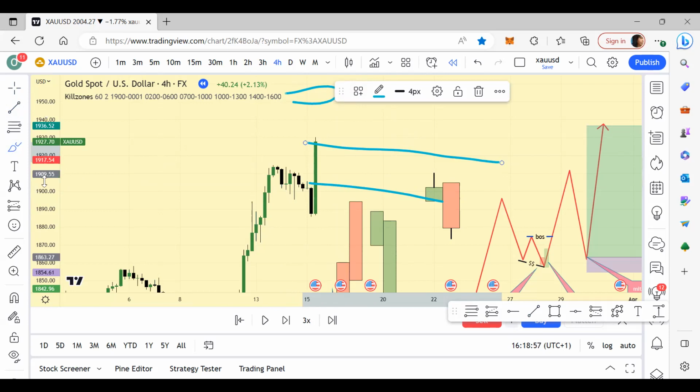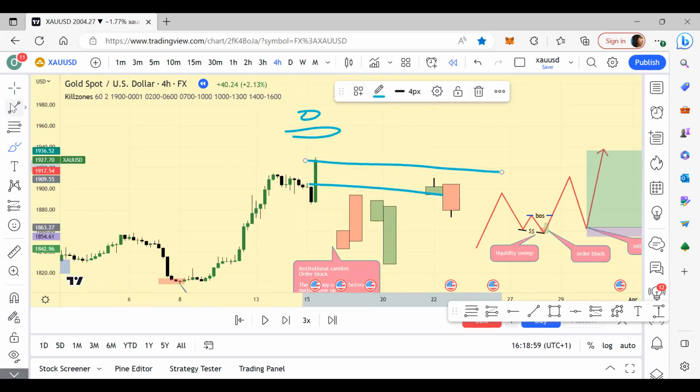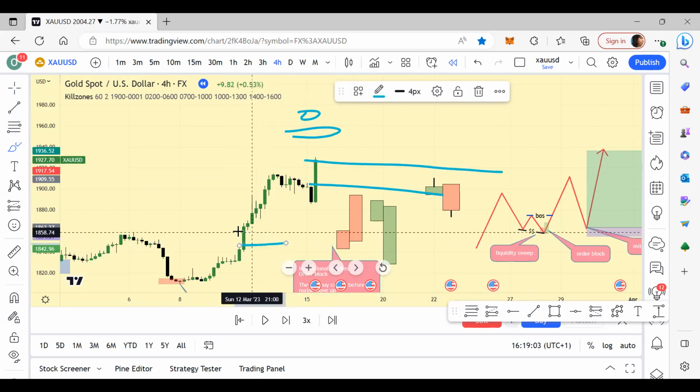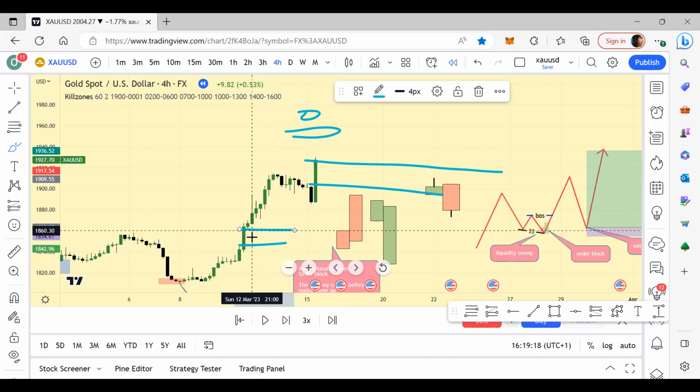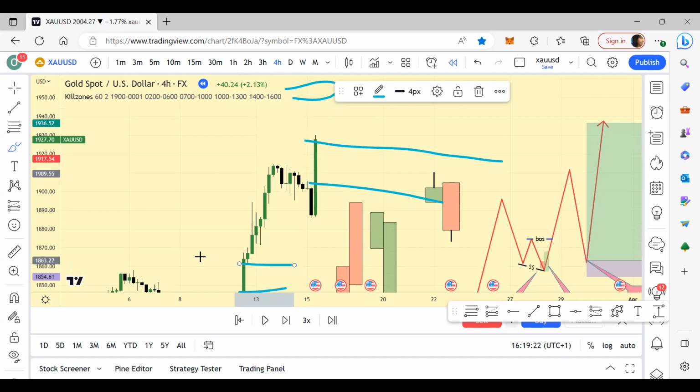Okay, I'll give you another example. This is also an imbalance, between here and up here. In between is an imbalance because there's nothing next to it. There's no wick, there's no body, there's no candle next to it. There are candles on top of it, but not in between.